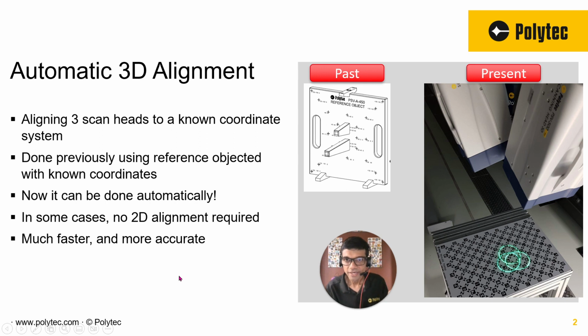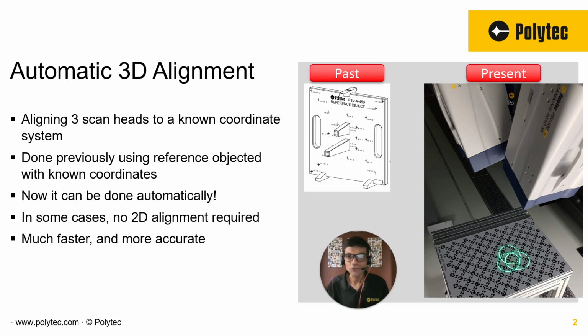Just as a recap, 3D alignment is done to find the relative positions of the scan heads with respect to each other. It also helps the software calculate the mirror angles required so that when you have defined your scan grid, all three beams go to the exact same position at the same time to get the 3D information on the vibration. This was done with the reference object before. Now it is completely automated with a click of a button.